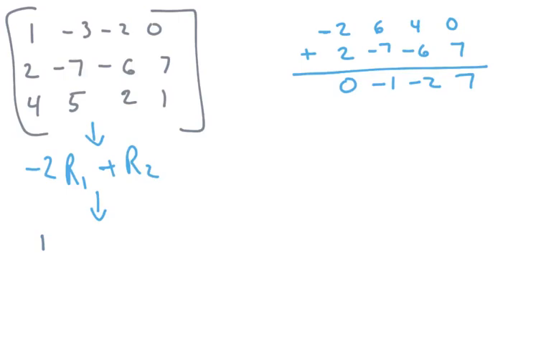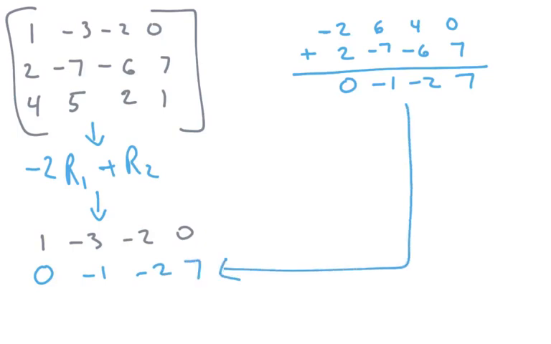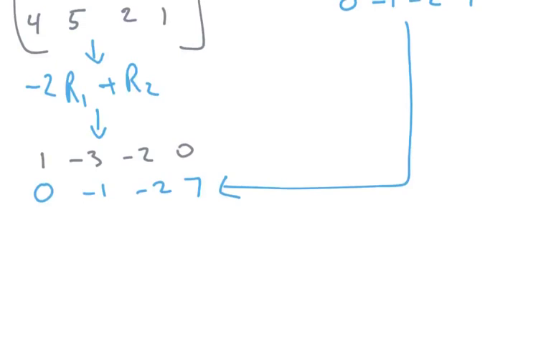So it's going to be 1, -3, -2, 0. Then 0, -1, -2, 7. Notice I inserted this one here. It's my new row. And then row 3 is going to be the same thing. So 4, 5, 2, 1.